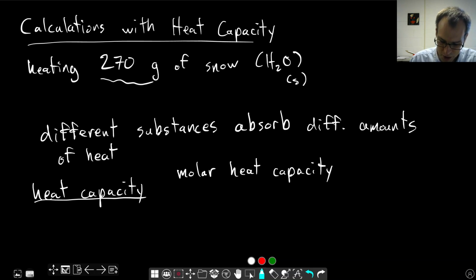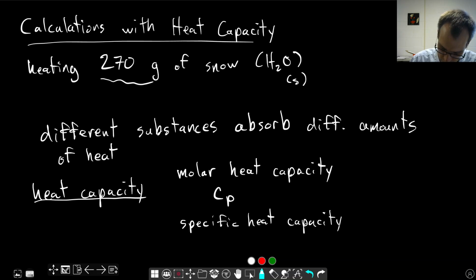This tells you how much heat per mole of a substance. This is written as CP. There's also the specific heat capacity, which is written as CS. These both are the same idea. It's how much heat a substance can absorb before it changes its temperature.